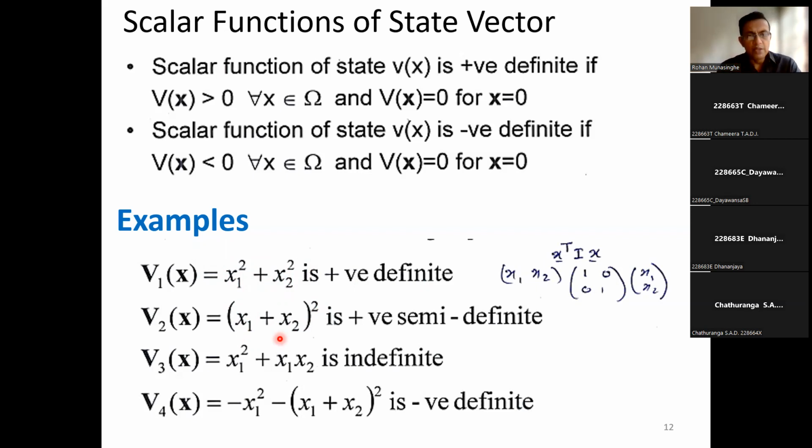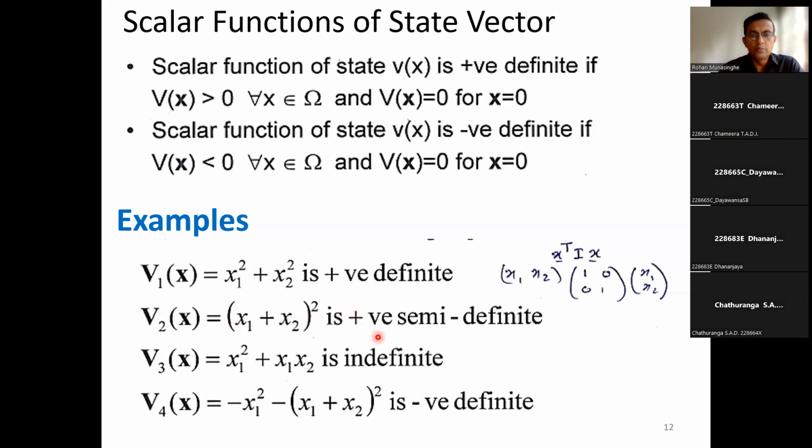But there are other situations also where you get 0 value. If x1 is the opposite of x2, for all these combinations, the result is 0. So you can have multiple zeros, for every state where x1 is the negative of x2 and vice versa, the function is 0.